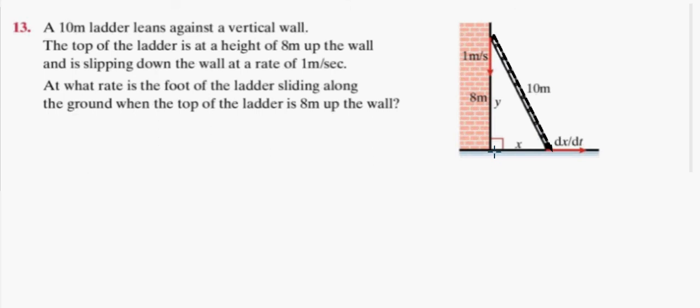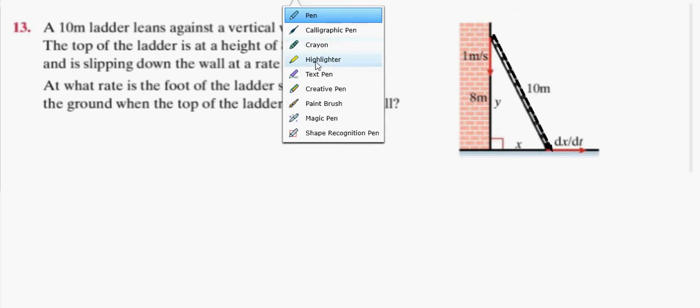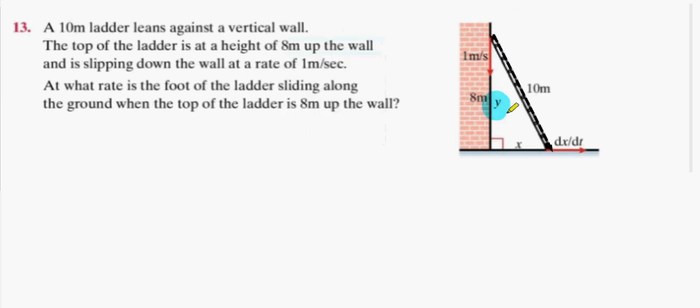Alright. Would everybody agree that y is the height? y is the height, and x is the width. Okay? But everybody agreed they are bound by the following equation: x squared plus y squared equals 10 squared. Alright? So did everybody agree?